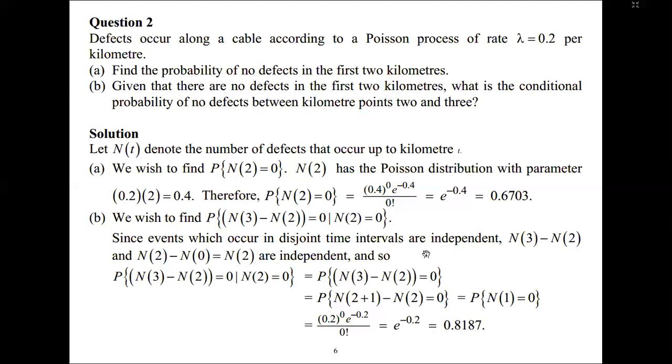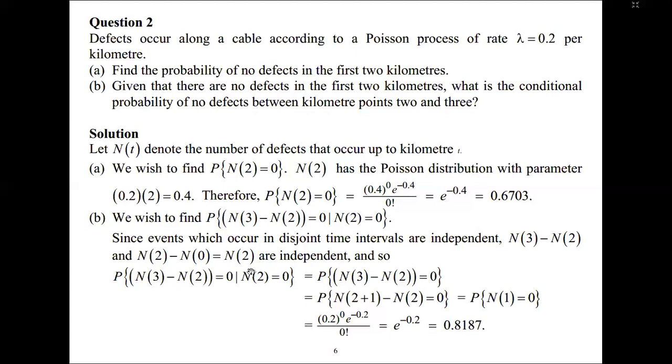They do not intersect; there's no overlapping in the distance from 0 to 2 and the distance from 2 to 3. It means the two random variables, N3 minus N2 and N2, are independent. And because they are independent, we can write this probability.